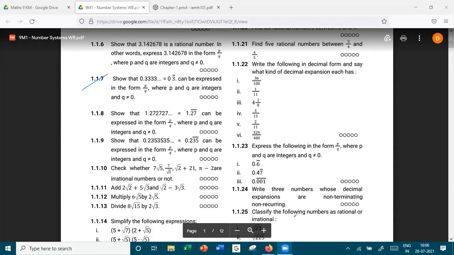Let's just do one. So it is 0.3 recurring. Right, this is the number.